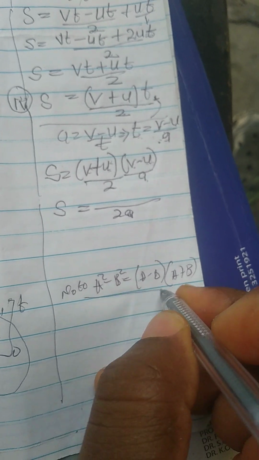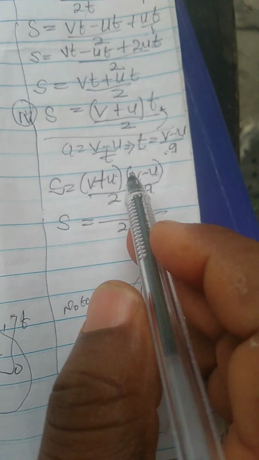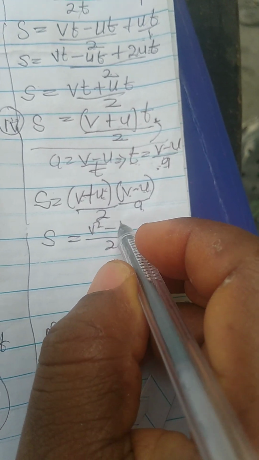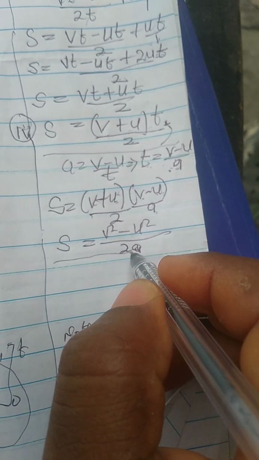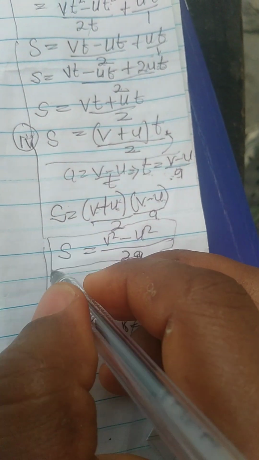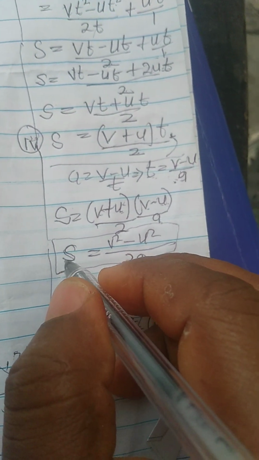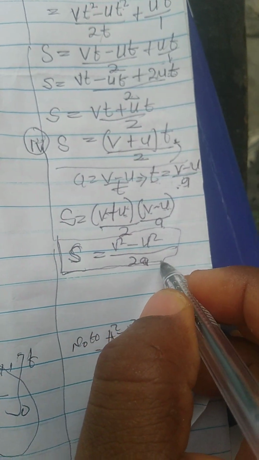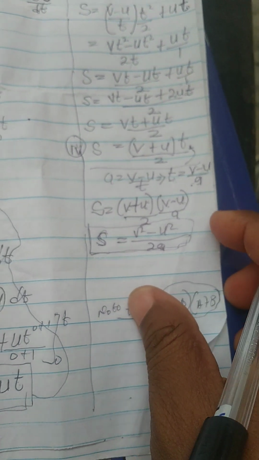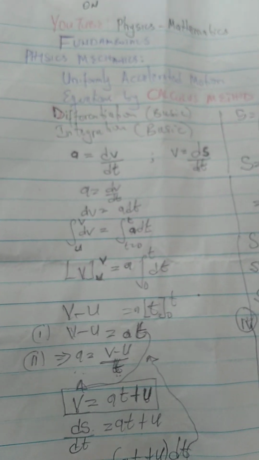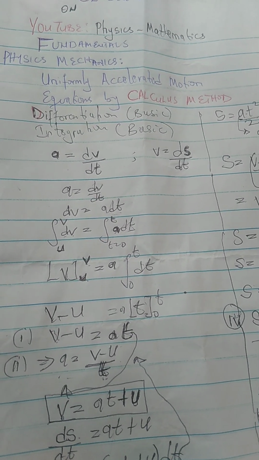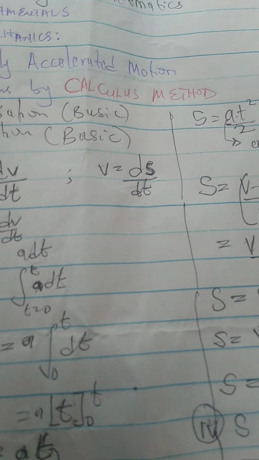This expression I'm having here is similar to what I have here. So this expression can also be written as v squared minus u squared. This is another equation for the distance covered by a body that is moving along a straight line with a uniform acceleration. I believe that we've learned one or two things concerning the derivation of the equations of uniformly accelerated motion using the calculus method.